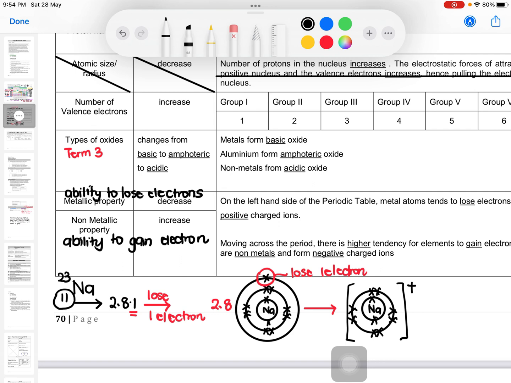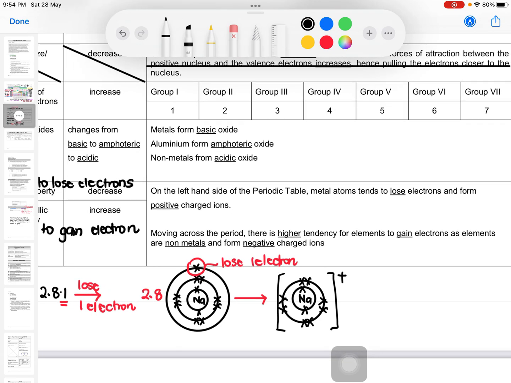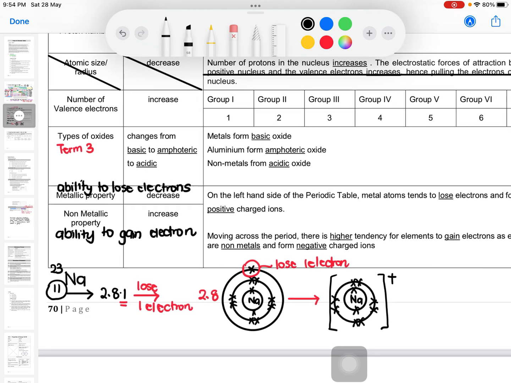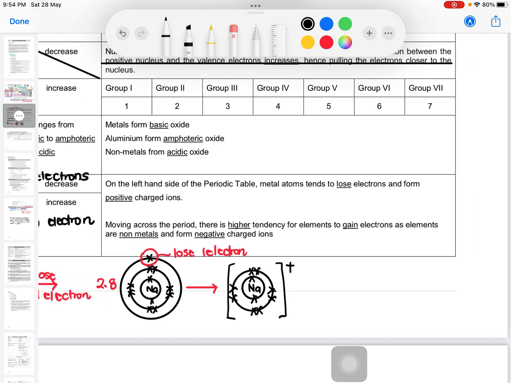Moving across, there is a higher tendency for the element to gain electrons and form negative ions. So what does that mean? I'm going to explain it over here. For example, I take one element called fluorine. For fluorine, my atomic number is 9 and mass number 19.